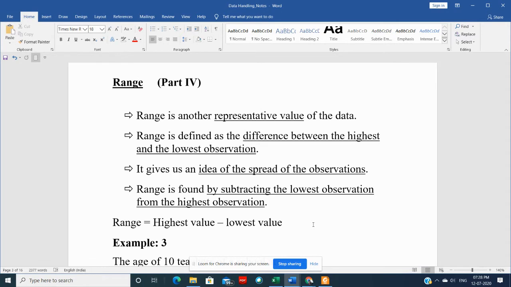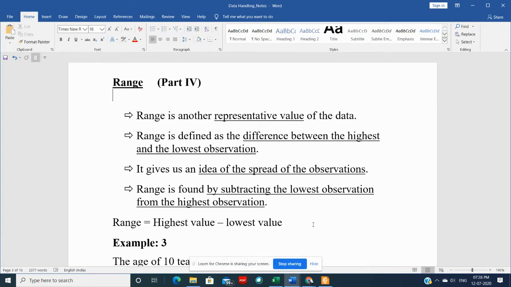range. Now, when we see data, when we see number of observations, we decide its range. You must have heard people, when you go for shopping for something, then the shopkeeper or the salesman might ask you what is your range, so that we can show you the stuff accordingly, right?